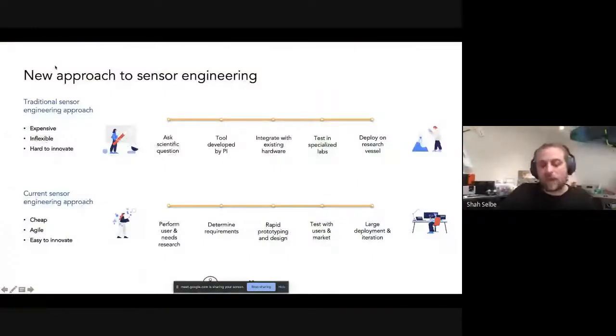So if you think about the way sensors were made before, when it came to scientists that would use them, it was usually that top-down process. So you have these scientists that have this interesting scientific question that they want to ask. The principal investigator of that science will develop that tool, or partners of theirs will develop the tool. They'll try and integrate it with the existing tools that they're using out in the field.